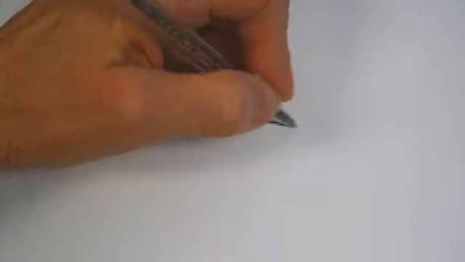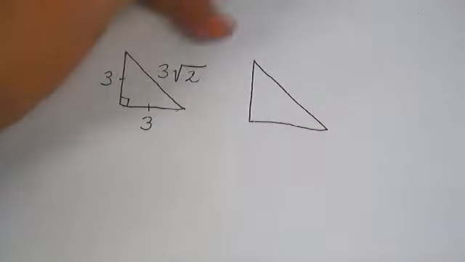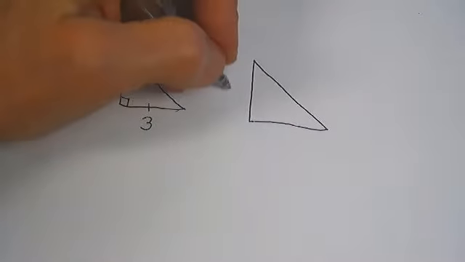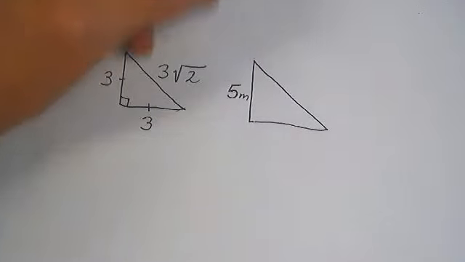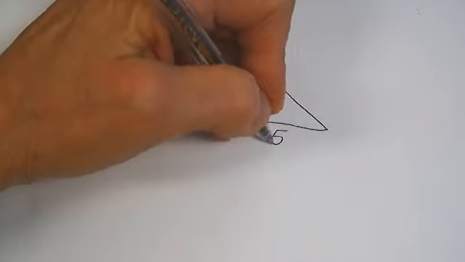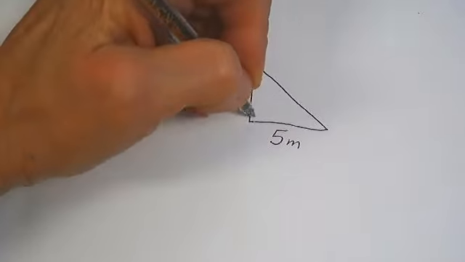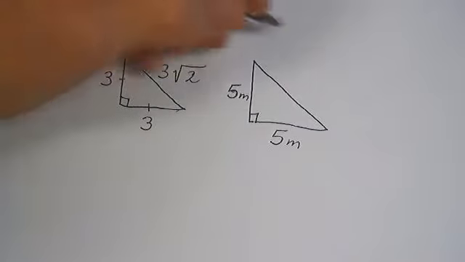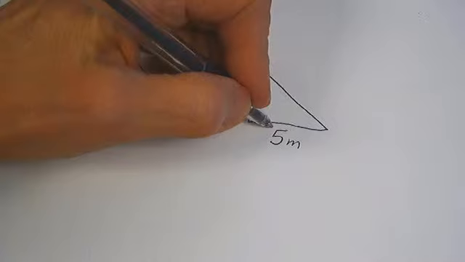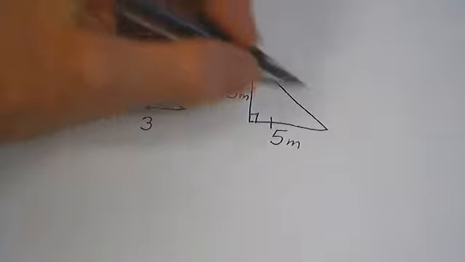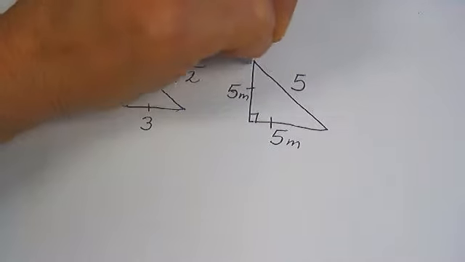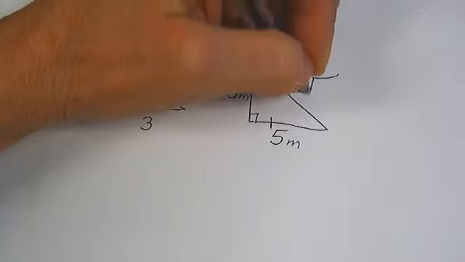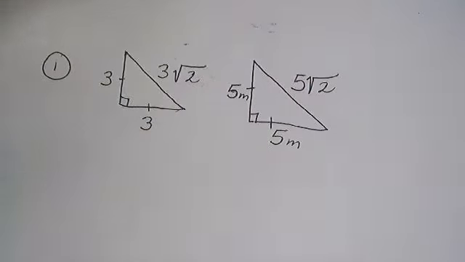It doesn't matter whether the side is 5 miles, 5 meters, or 500 miles. The hypotenuse will always be the side length times the square root of 2.